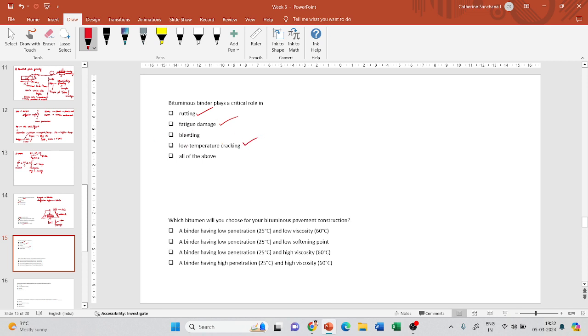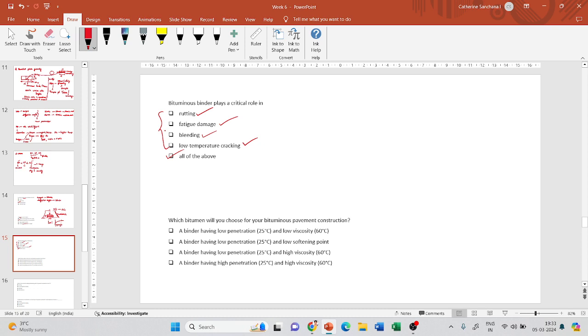And in order to prevent bleeding, also it has a criteria. So it plays a critical role in all these distress criteria. Though these three are the main types of distress, this is also a distress for which bituminous binder plays a critical role.